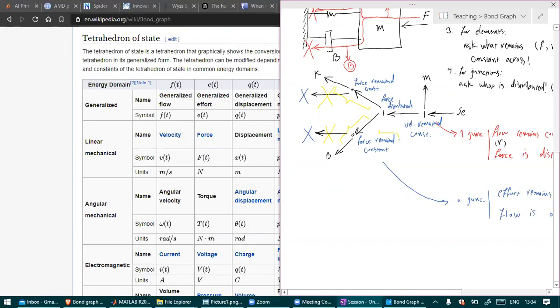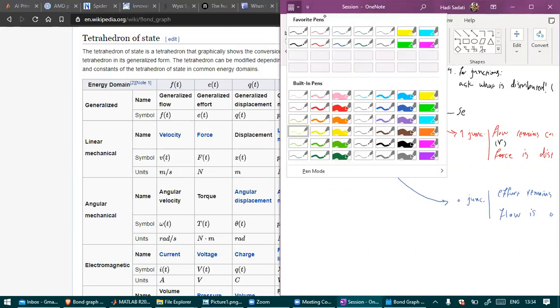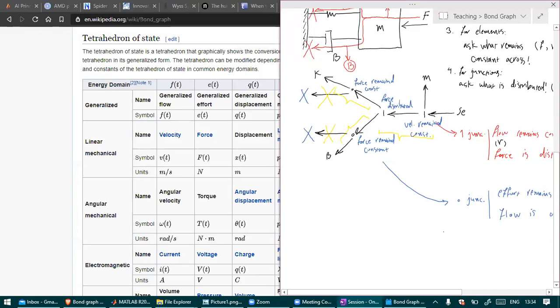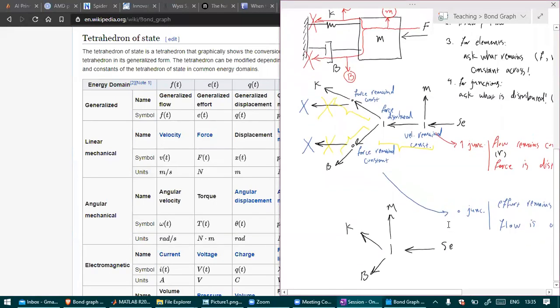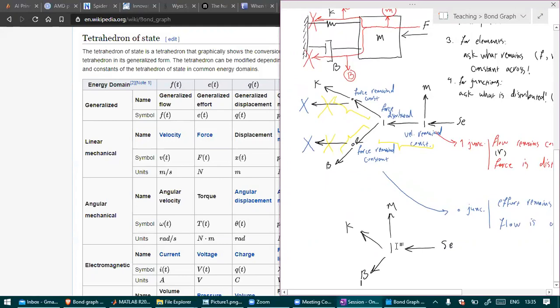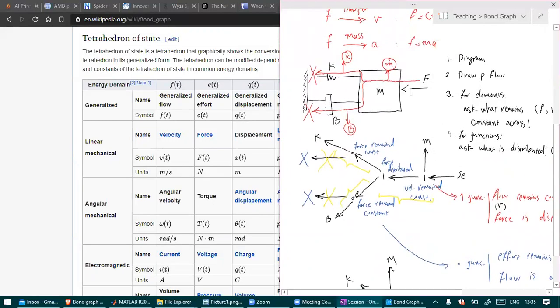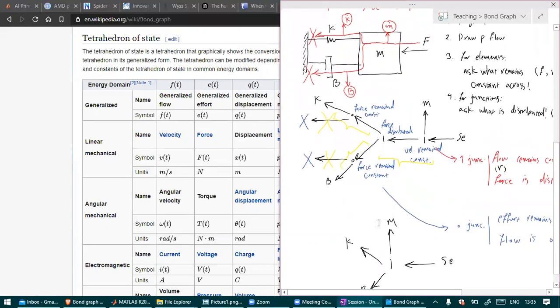And also we have two 1 junctions repeated after each other without any parallel elements, so we can merge those 1 junctions as well. After simplification, we get only a 1 junction with a mass, a spring, and a damper. You may ask why I didn't do the simplified version sooner, because getting from the diagram to the bond graph is usually tricky. You need to do it once this way and then simplify.